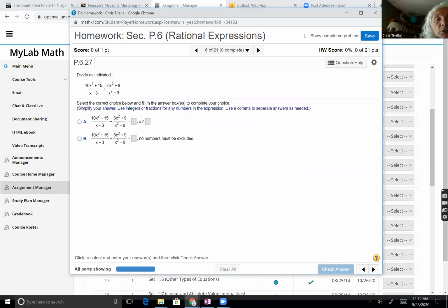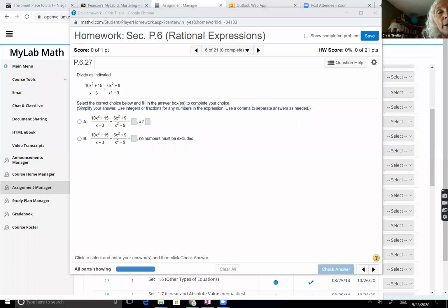Question number 6 asks you to do the division and to decide which values need to be excluded. In order to decide what values need to be excluded, I'm looking at the denominators that I have. That decision is about the domain, and that's where we start looking at what makes it undefined, where the denominator is 0.